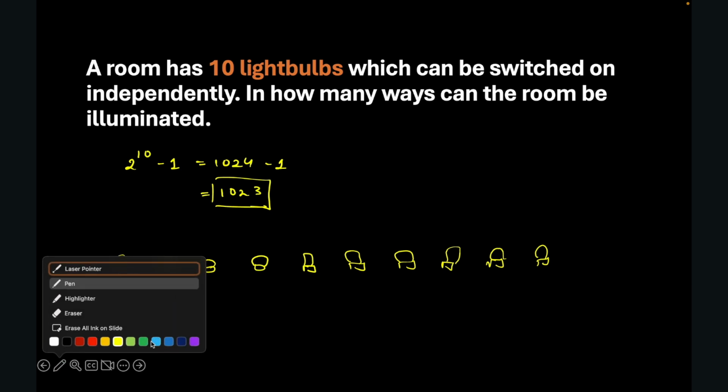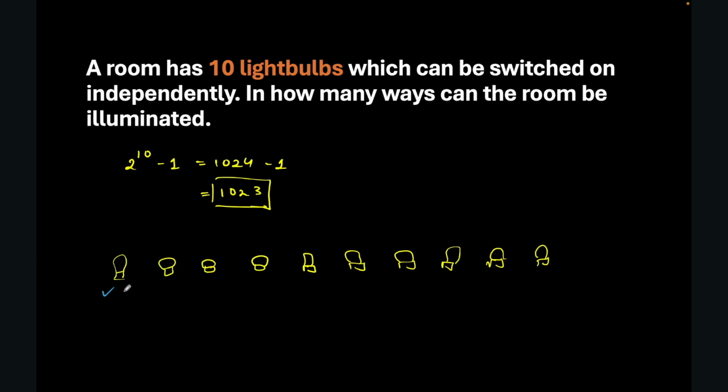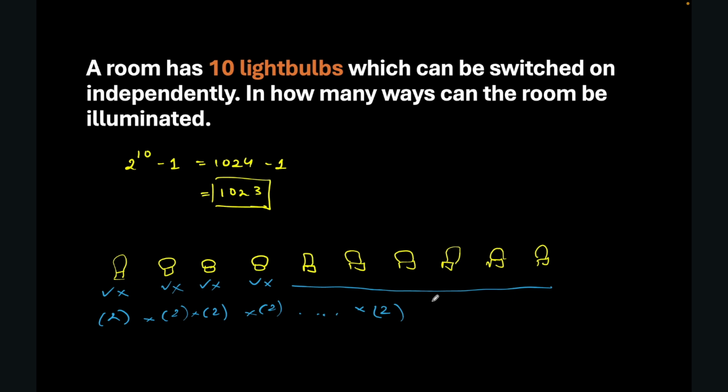So now we have the option to illuminate or not. Turn it on, turn it off, turn it on, turn it off. And we have 2 options for every single light bulb, right? So there are 10 light bulbs, there are 2 options. So that gives me 2 being multiplied 10 times. Finally, it's going to give me 2 raised to the power 10.